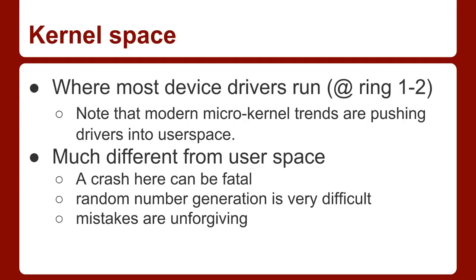There's usually much less you can do in kernel space. And for Linux, normal things that you would think that you should have available, like the ability to generate random numbers and the ability to deal with floating point and decimal numbers, are actually much more difficult. And when programming at this level, mistakes are very unforgiving, and crashes here can be fatal and hang or bring down the whole system.